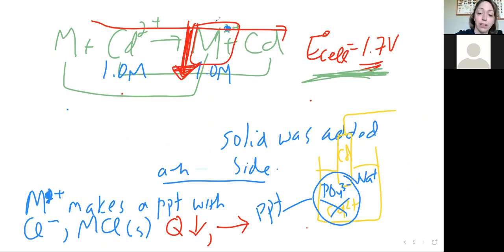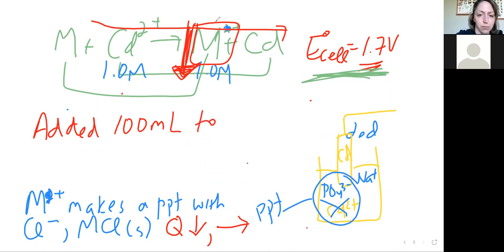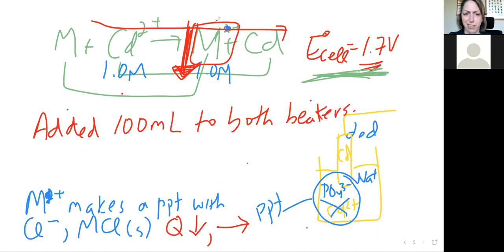And while we're at it, since you guys asked, I can think of one more. What if you diluted both solutions? So you have this battery with aqueous solutions on either side, the anode side and the cathode side. What if you added 100 mL of water to both beakers? And you might say, what the heck would water do?